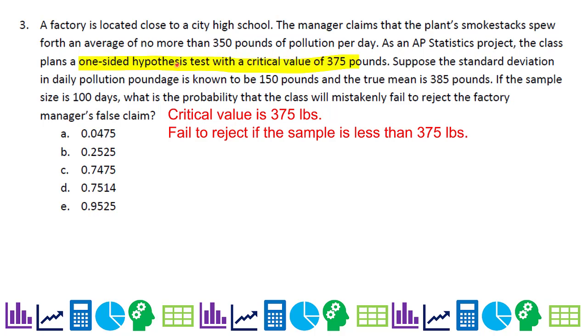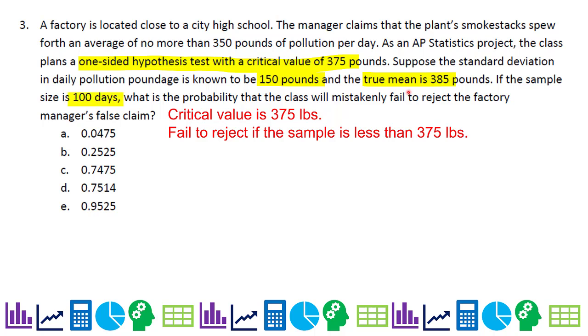So this is a one-sided hypothesis test with a critical value of 375. Now we're saying the true standard deviation is actually 150 pounds, and the true mean is actually higher, 385 pounds.